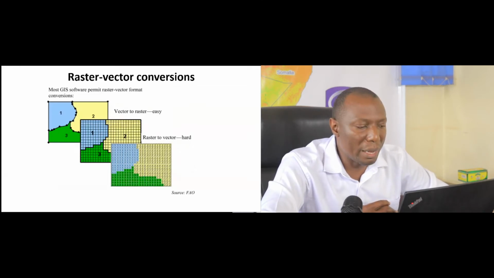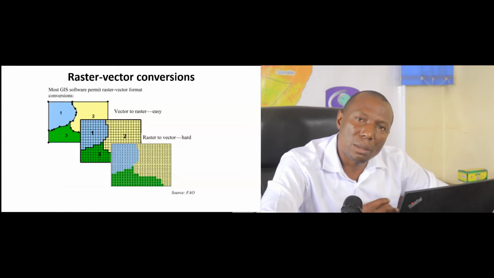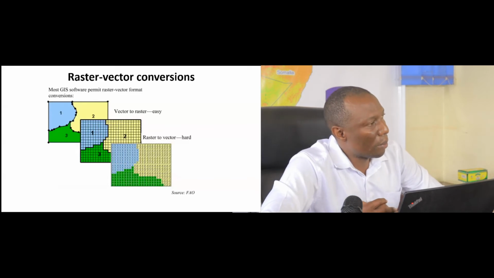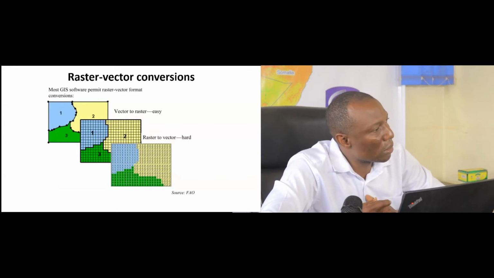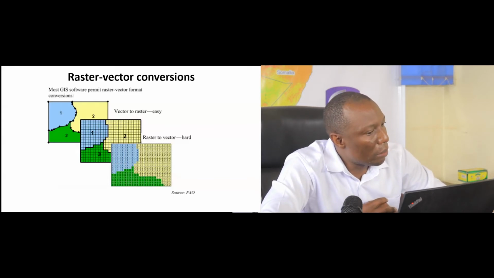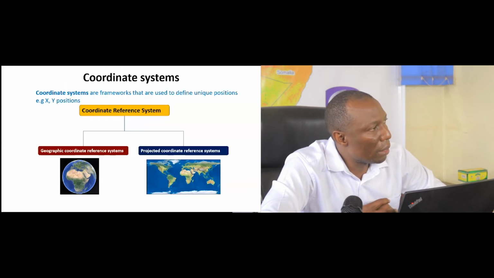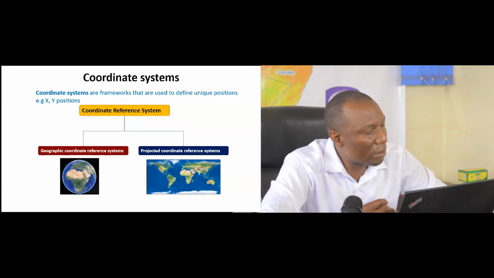So this data can either be in degrees or meters. Most times, if you download these datasets, like if you get MODIS from an online source, because these are downloadable freely, you'll get these datasets sometimes in degrees. And if they're in degrees, they are basically in geographic coordinate systems.